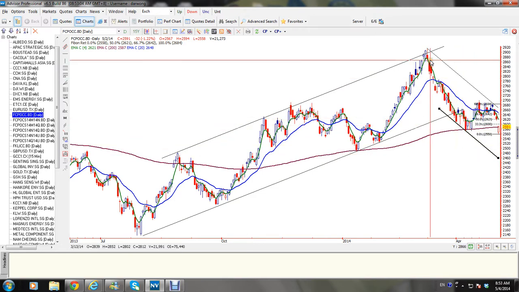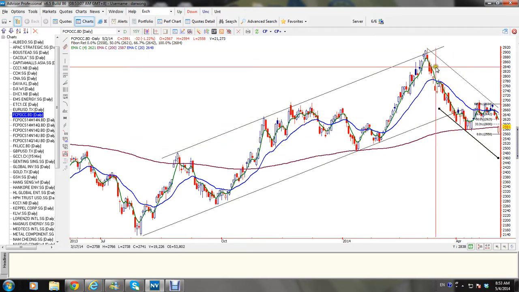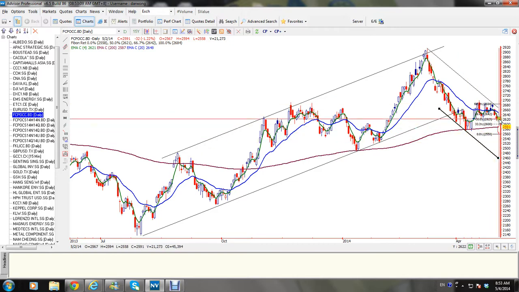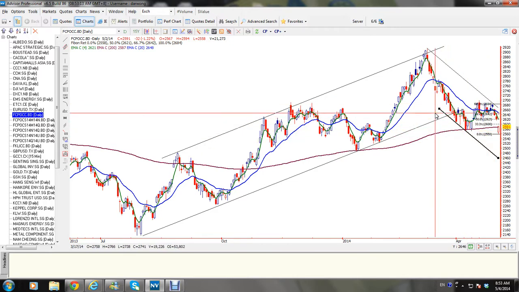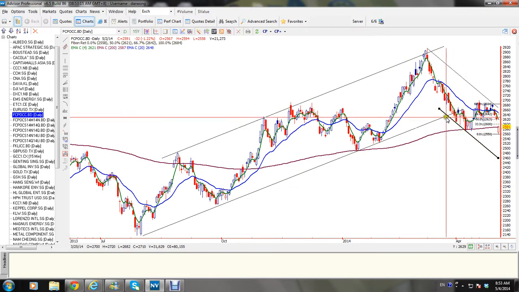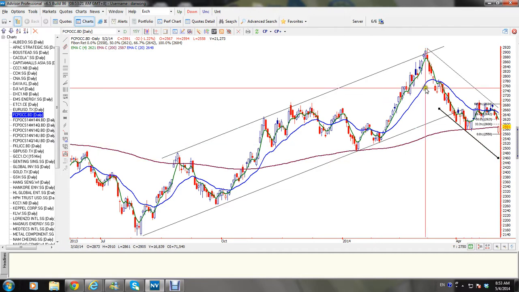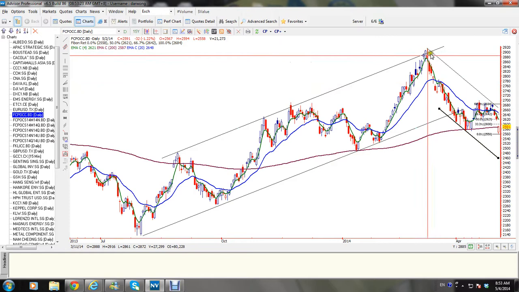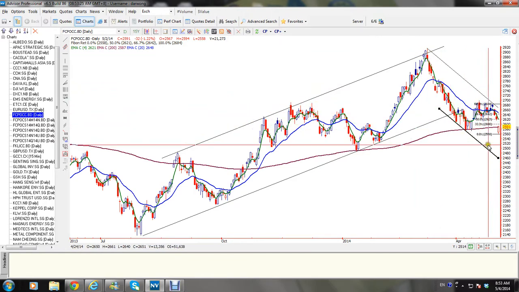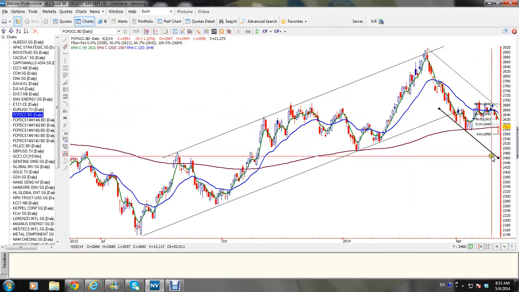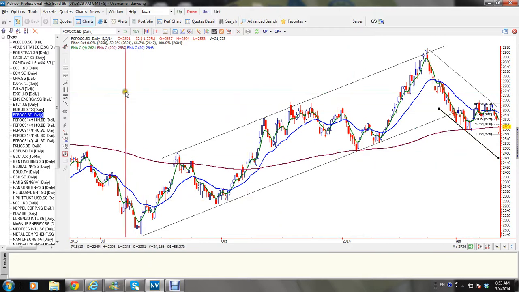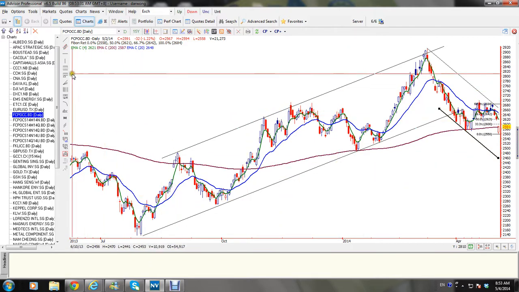As you can see from the channel that has just begun to form, if the market pulls up to 2620 or 2630 and starts to move down this coming week, and perhaps over the next 2 to 3 weeks, the market has a very high chance to come back down to the region of 2,440 or even lower, because as the market moves down, this channel line also goes lower in prices. So exactly how low will the market go?